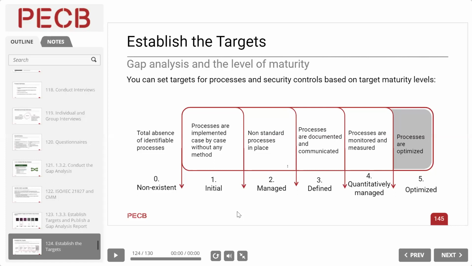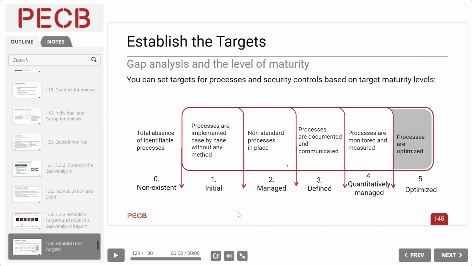Then 2, managed: non-standard processes in place. Sometimes when we say non-standard, we mean that there's some level of conformity, small, but it's not documented.